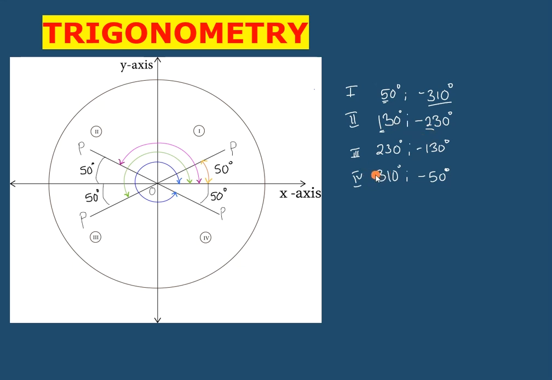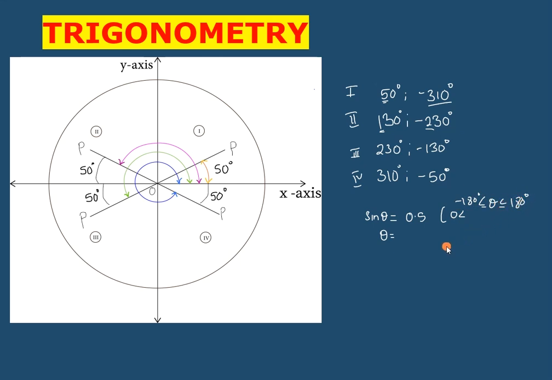And if, for example, a question was asking you to get the values of theta, solve a certain equation, they give you sin theta is equal to maybe 0.5, something like that, and they wanted to find the value of theta. Of course, we have a number of values, and then they tell you that maybe theta lies between negative 180 degrees and 180 degrees.